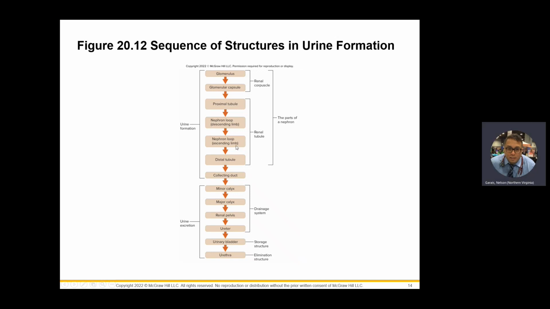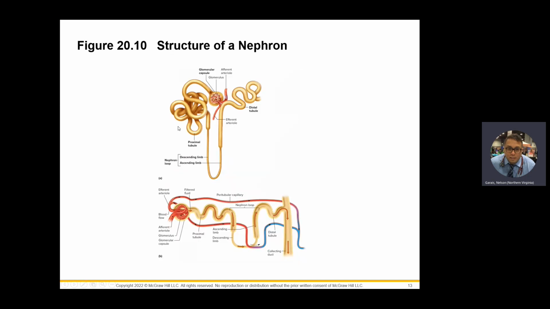So loop of Henle is the loops, and then you asked, what's the Bowman's capsule? The glomerulus is this little thing of capillaries. That's the filtration. Think glomerulus, filtration. And whatever you filter, like when you filter coffee, it's got to go somewhere, the fluid, right? So the fluid goes into this Bowman's capsule.